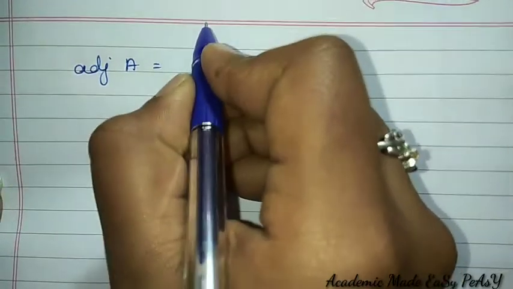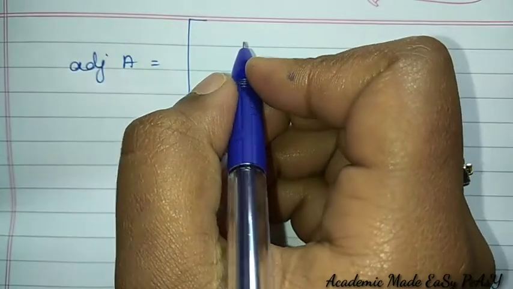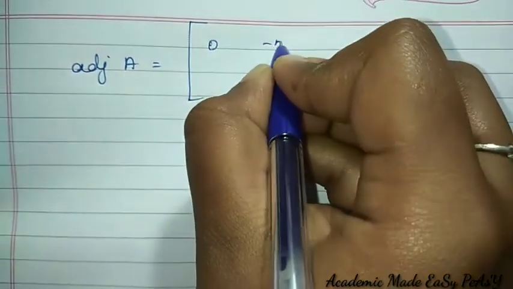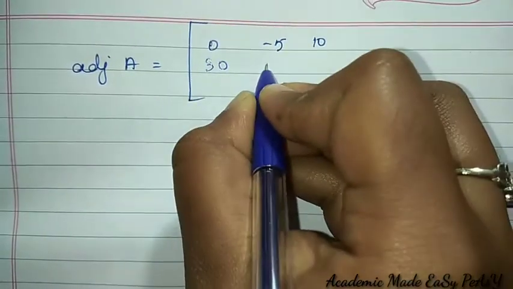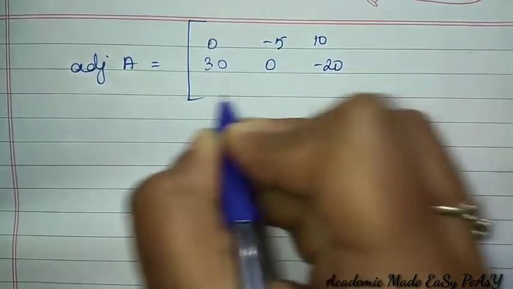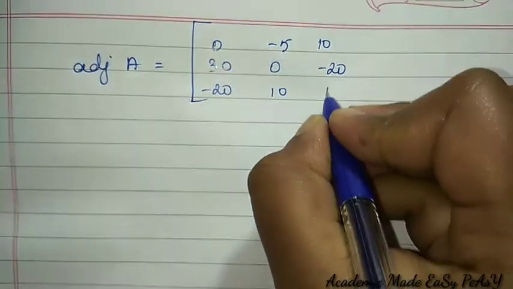So now let's find adjoint of A. So adjoint of A is equal to 0, minus 5, 10, 30, 0, minus 20, minus 20, 10 and 16.